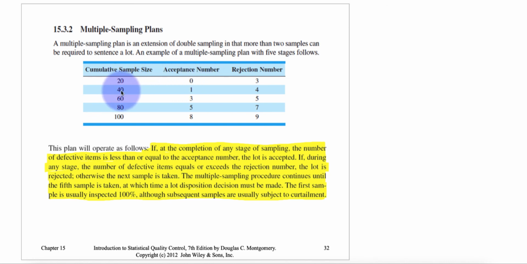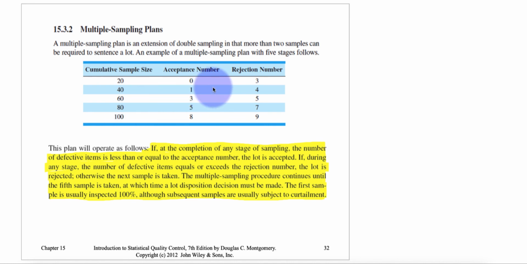Then let's say we have just taken the second sample, and if the total number of defective units is greater than 1 but lower than 4, then we are going with the third one, and it continues like this. But after the fifth sample at most, we are just cutting the sampling.